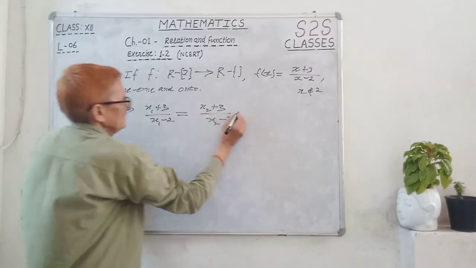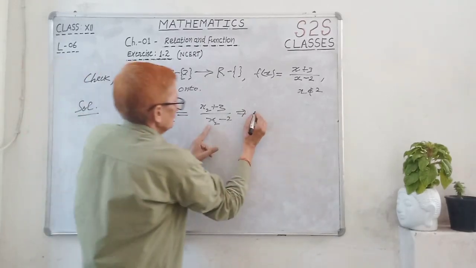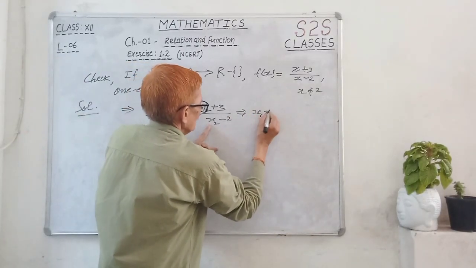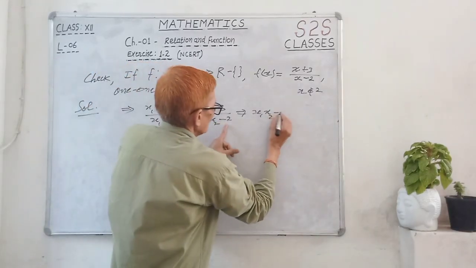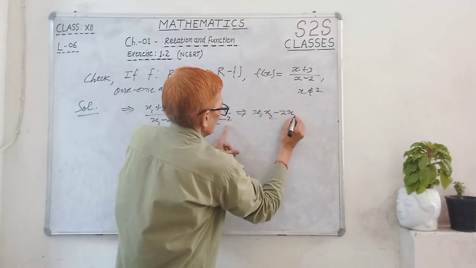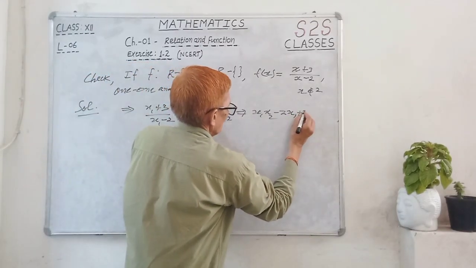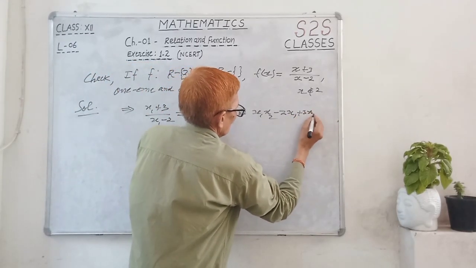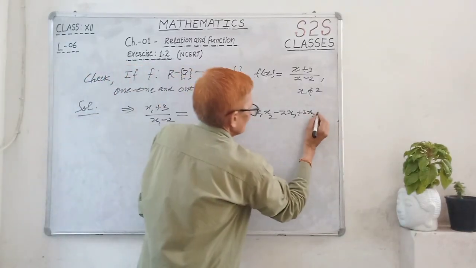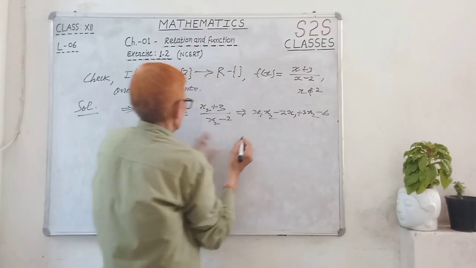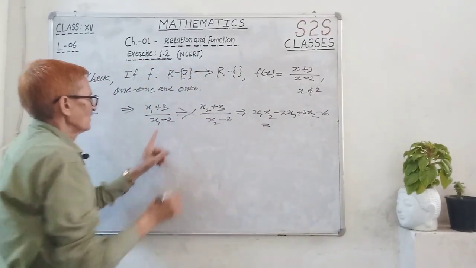Okay, cross multiply, simplify, then x1x2 minus 2x1 plus 3x2 minus 6 equals cross multiply and solve.